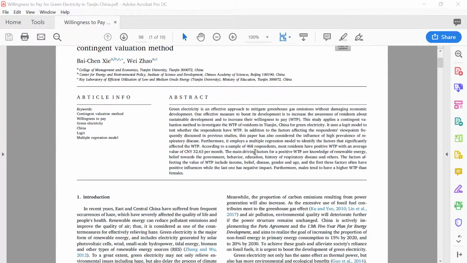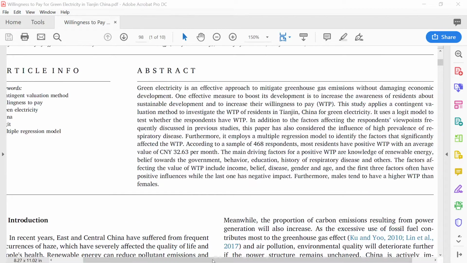So if I go here and look at what they found in this particular instance, they surveyed 468 respondents, and most of them had a positive willingness to pay. So if we asked a question like, would you be prepared to pay something more for green energy, yes or no, we find that most respondents in this study indicated yes, they would.